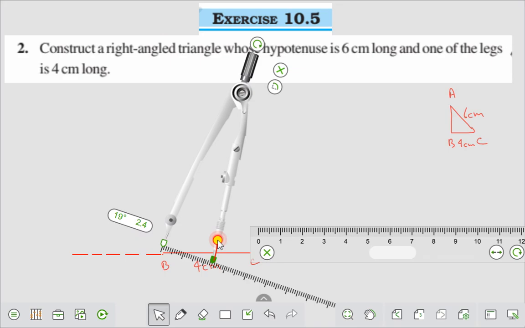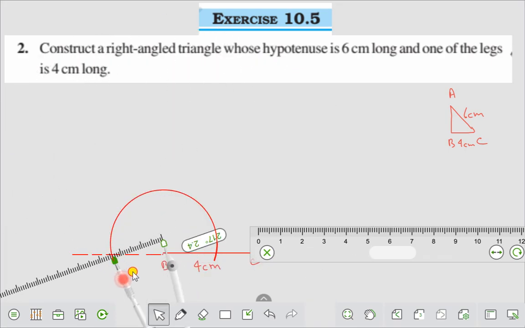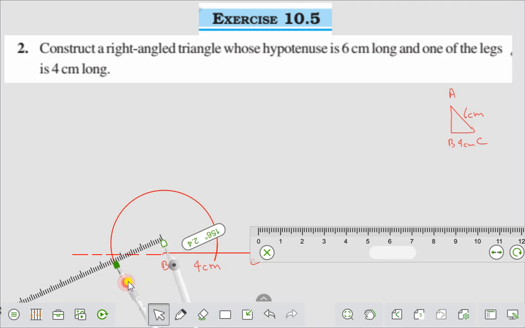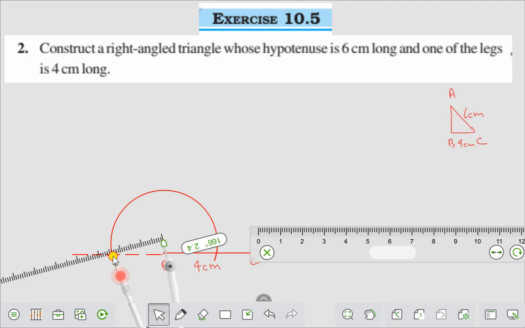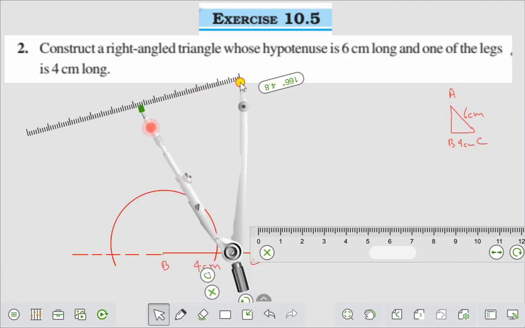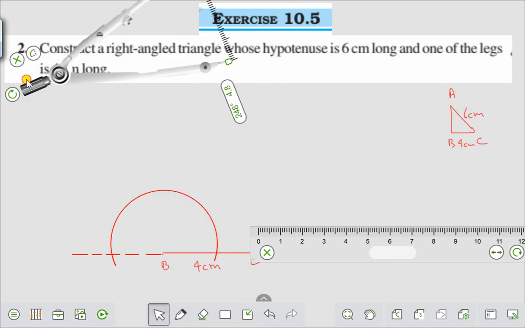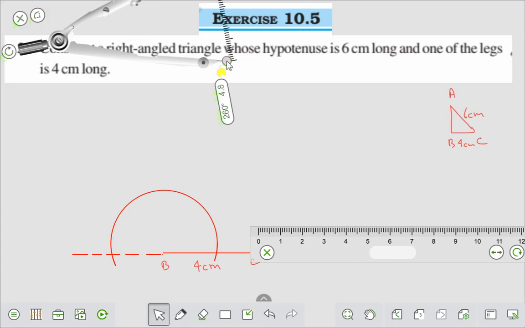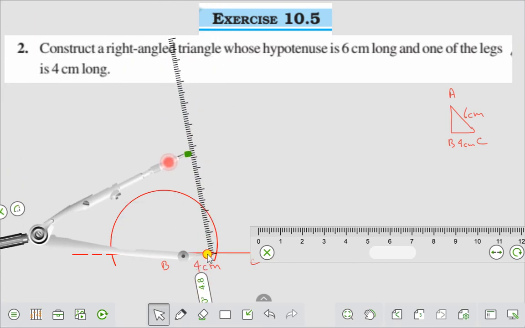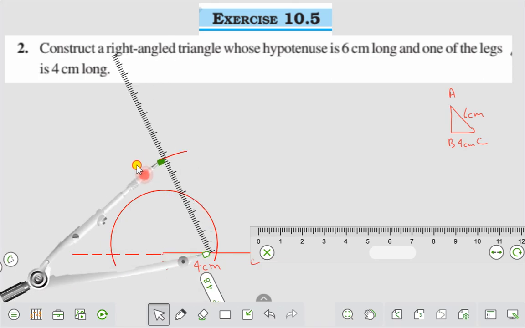Now we'll extend this one, and taking this pointer at this point, make another arc here.